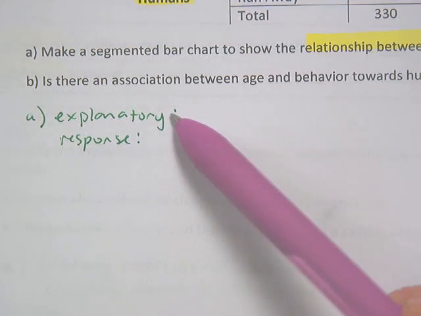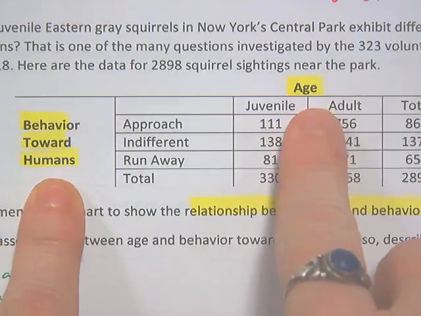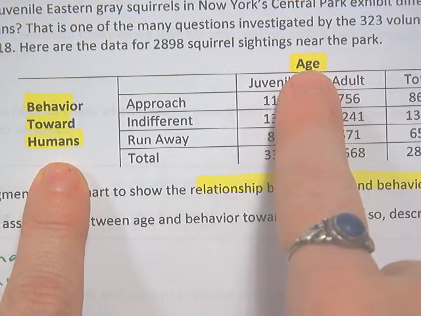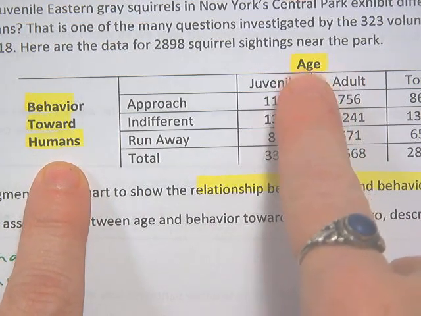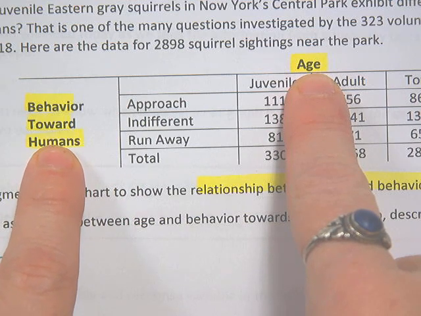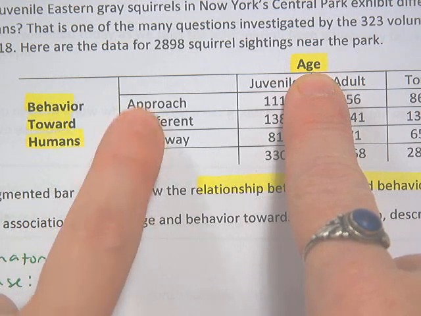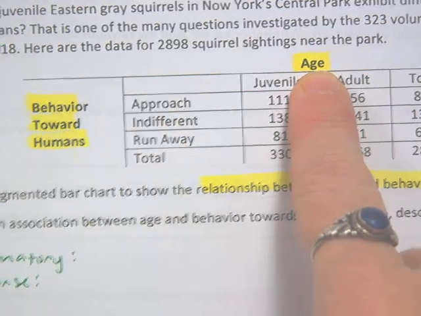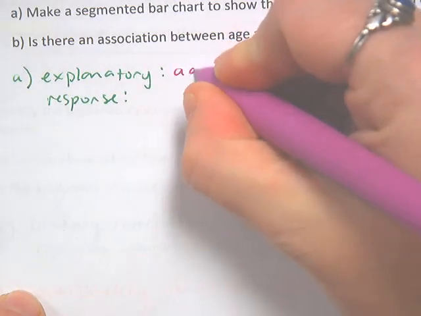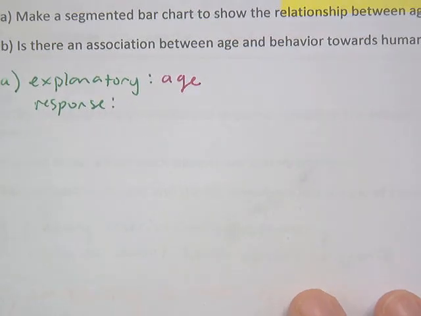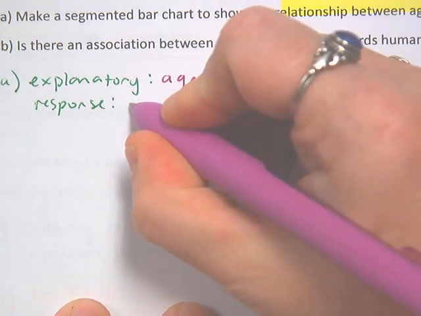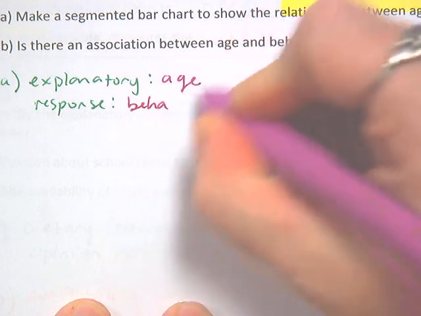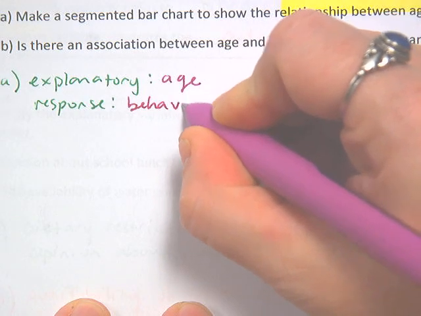Well, which one of these might explain the other? Age might explain, exactly, age is probably going to explain whether a squirrel is scared or not scared or doesn't care about a human. So age is going to be explanatory. Now I know I'm going to have a bar for juvenile and a bar for adult. And we'll just say the response is behavior.